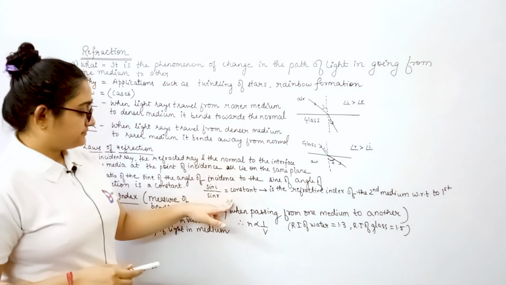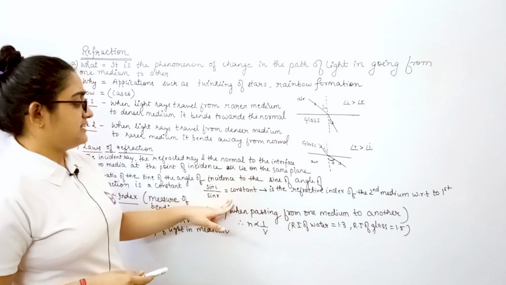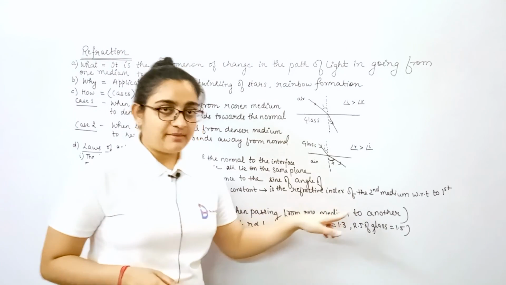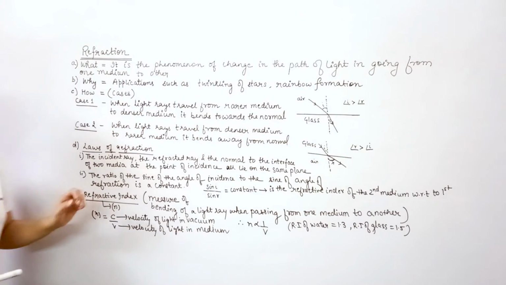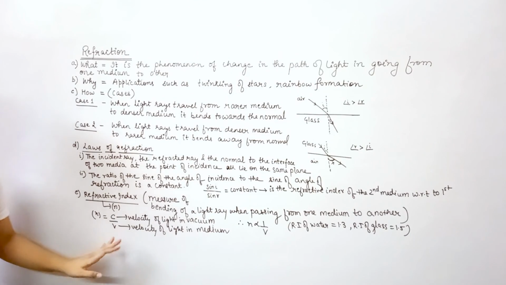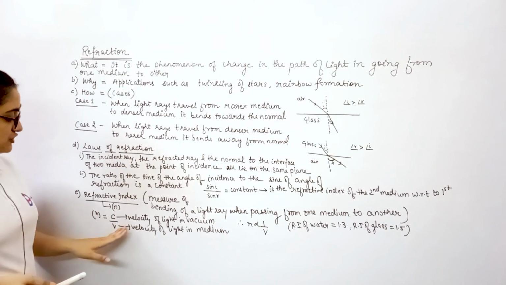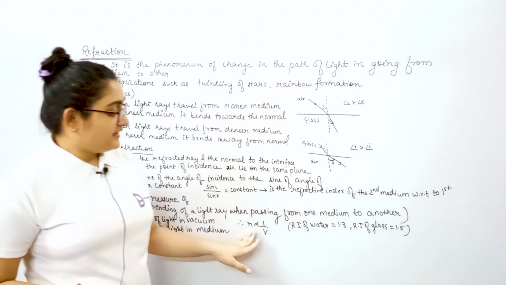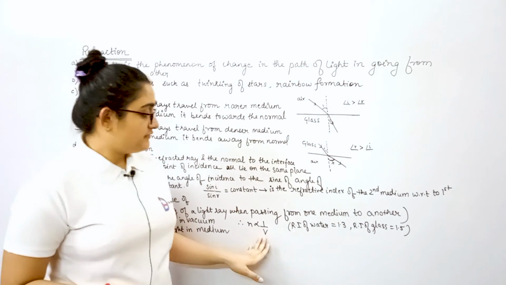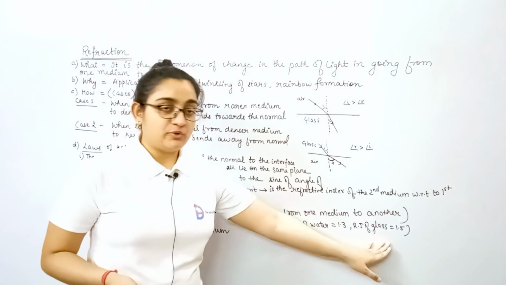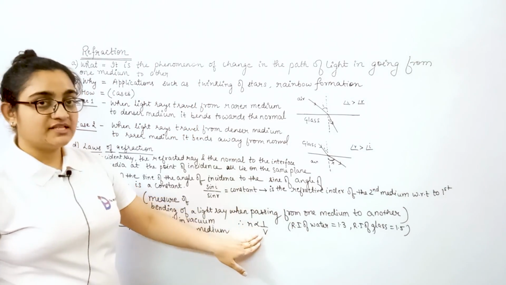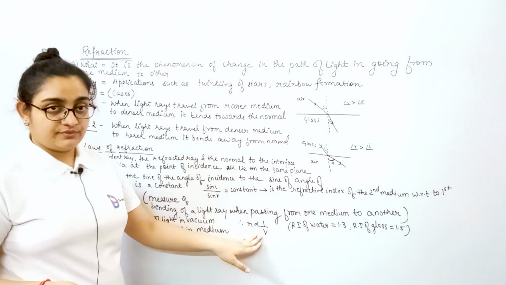And you can see the formula, Snell's law of refraction, which relates to the refractive index concept. Then we studied a little bit about the refractive index also, what exactly the refractive index is, the mathematical relationship over here. Then the conclusion which we can draw from this mathematical formula. And then we discussed one example in order to understand this particular relation.